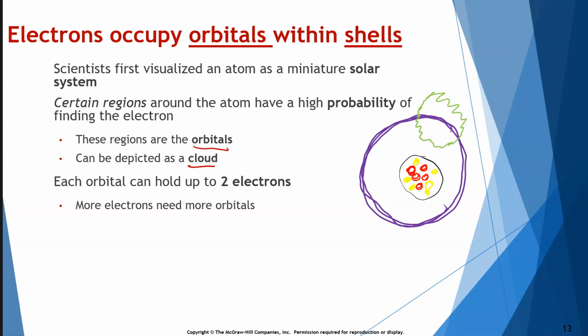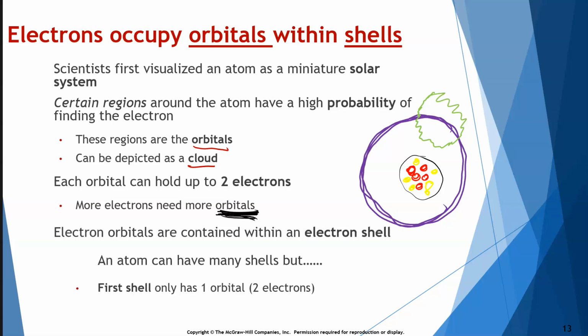Now, each of these orbitals can hold up to 2 electrons. Only 2. If we start having more than 2 electrons in our atom, then we're going to need more orbitals. Again, these orbitals are contained within a shell.